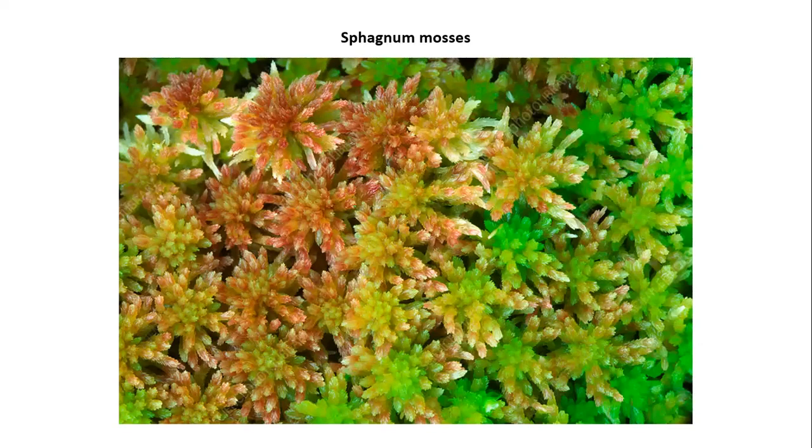But these sphagnum mosses build the bog by the action that they grow from the top of the plant. So the bottom of the plant dies off, the top keeps growing up. So gradually they build the bogs, and the plants, as they decompose, they only semi-decompose, and then it gets compacted at the bottom of the bog, and they grow.